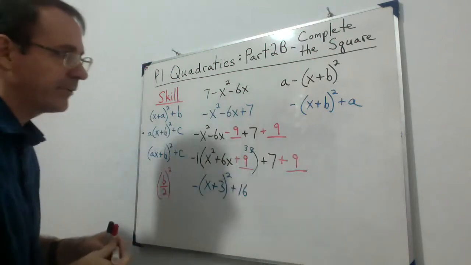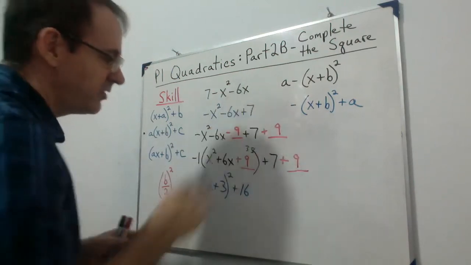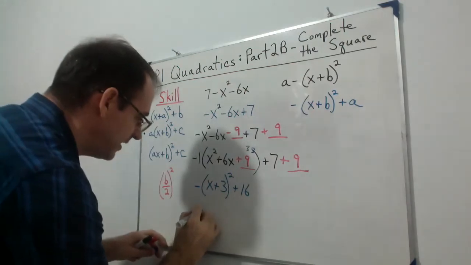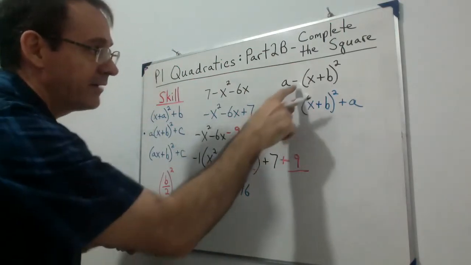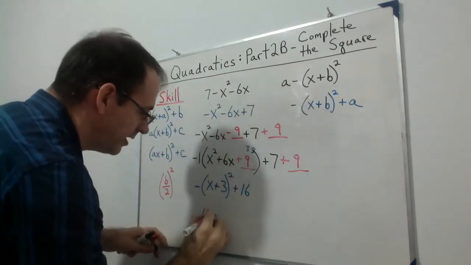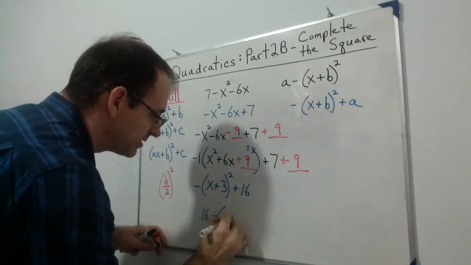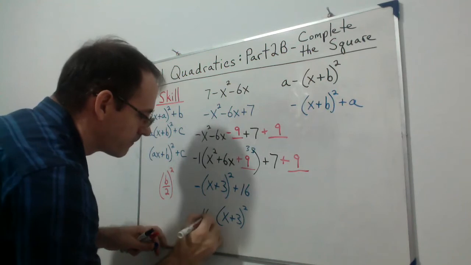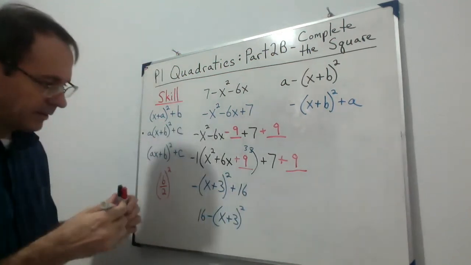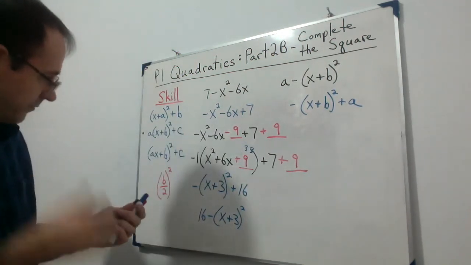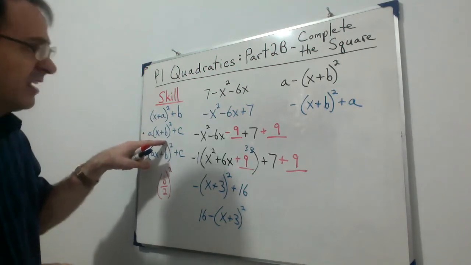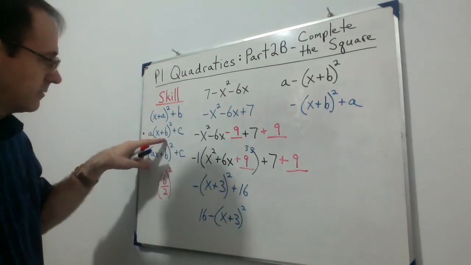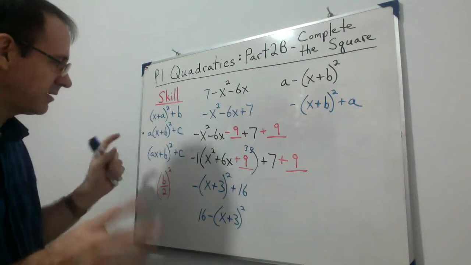So we want to rearrange this. Notice the A is in the front. Well, that's the 16. And then we have the minus, that's this one over here. And then we have our x plus 3 squared, okay? If you're looking at this, you might get a little confused.